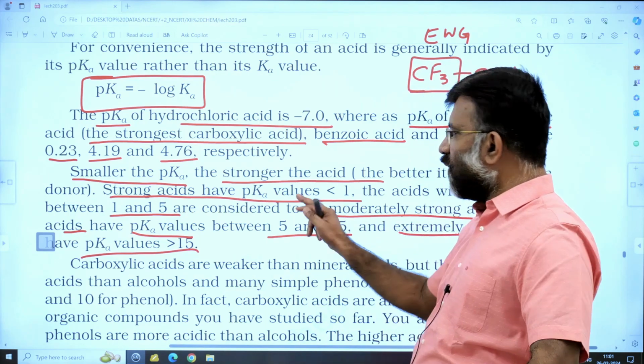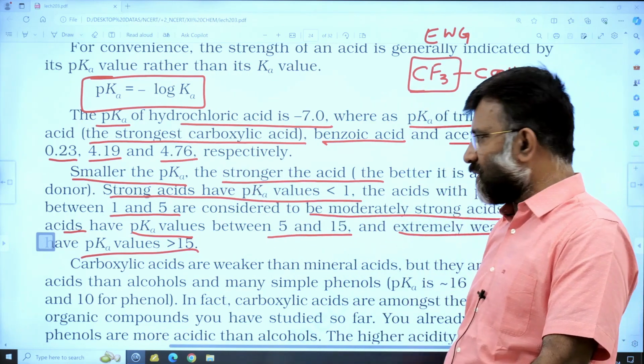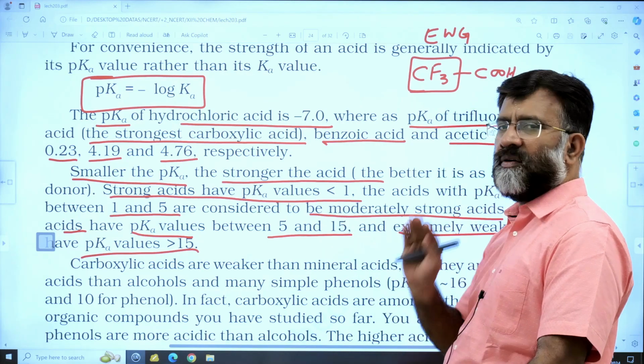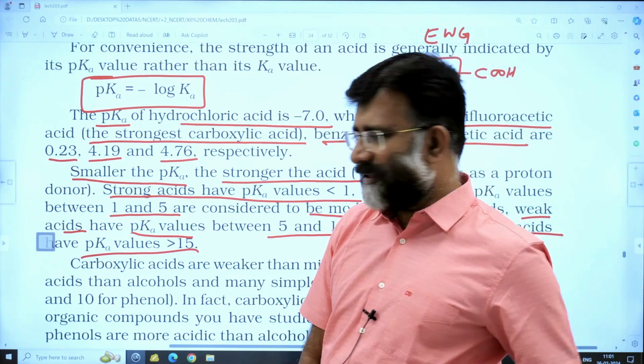So less than 1 strong acid, 1 to 5 moderately strong, 5 to 15 weak, above 15 weakest. Is that clear? Fine.